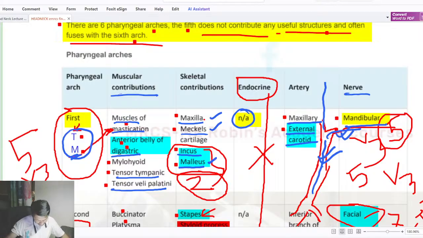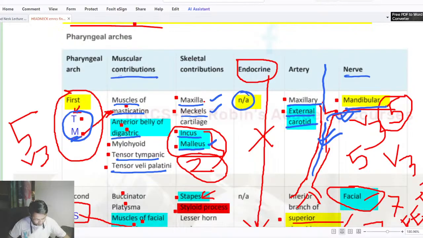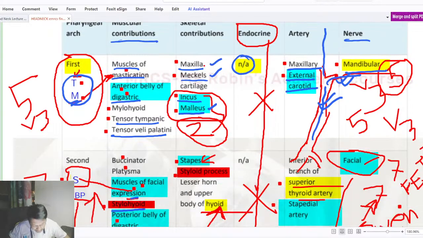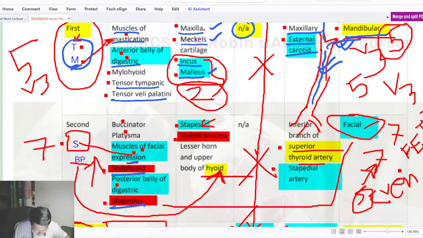Endocrine: none. Skeletal: M-related, malleus, incus, maxilla, and Meckel's cartilage. Then muscles of mastication, and also T: tensor tympani and tensor veli palatini. First is finished, then second. Second is for expression, stylohyoid, stapedius.